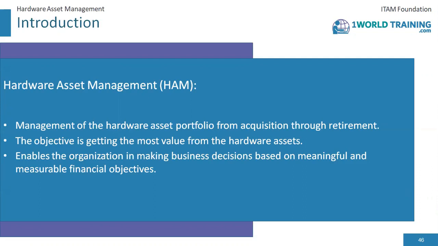So that is what it says: the objective is getting the most value from the hardware assets. And that is one side of the view. The other one is you buy an IT asset and then you're not using it. It's just lying in the inventory.